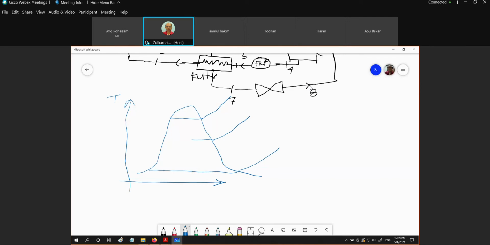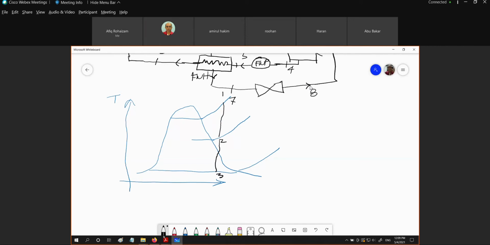Okay, the extracted steam. So from here, we are going to have our first expansion from 1 to 2, and our second expansion from 2 to 3.